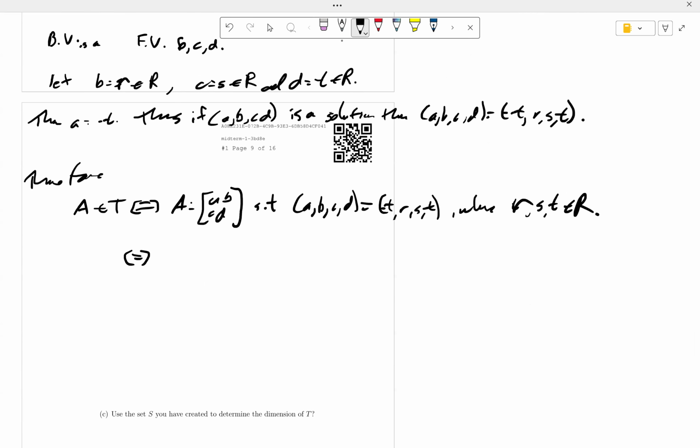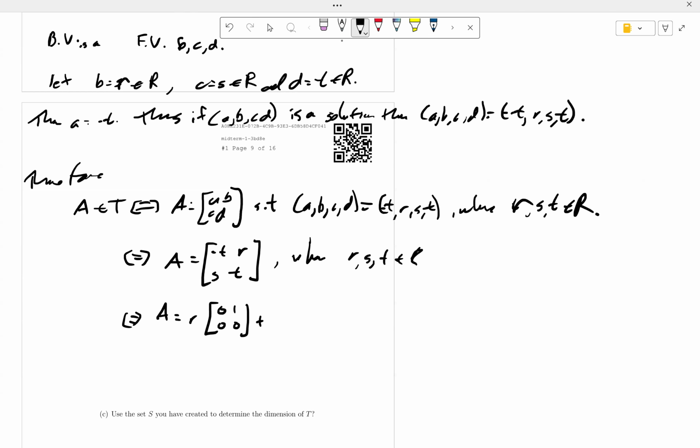And now what I'm going to do is connect these two together. This is if and only if A equals (-t, r, s, t), where r, s, t are real numbers, if and only if A equals, and now I'm going to expand in the obvious way, r times (0, 1, 0, 0) plus s times (0, 0, 1, 0) plus t times (-1, 0, 0, 1).